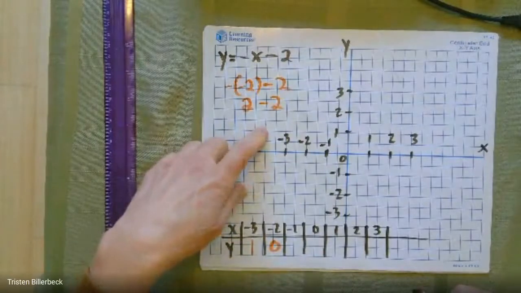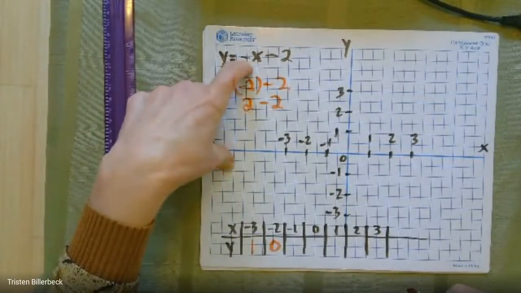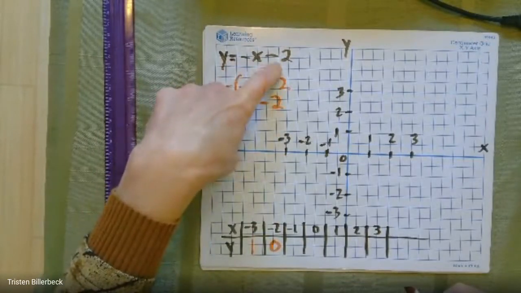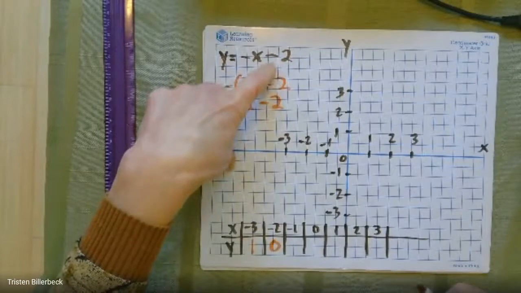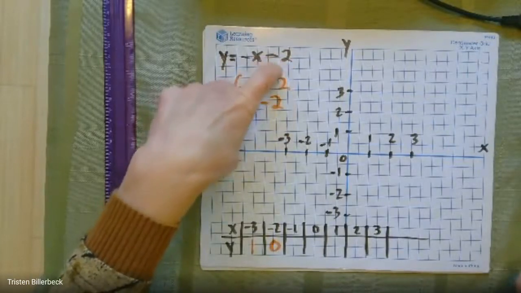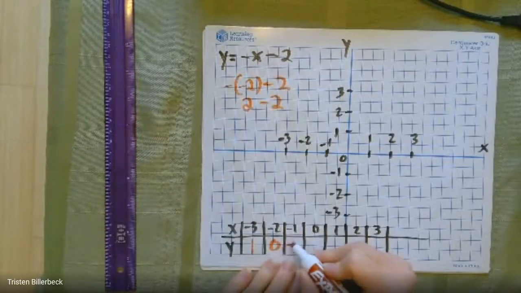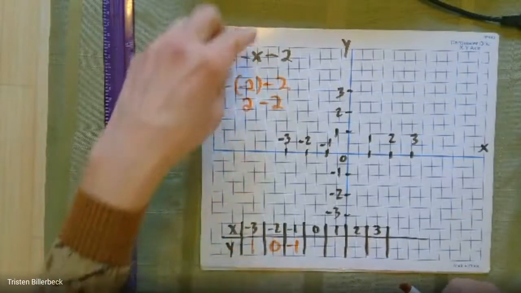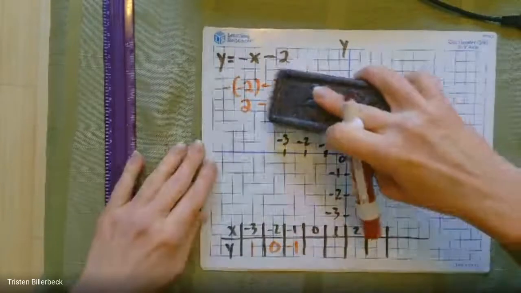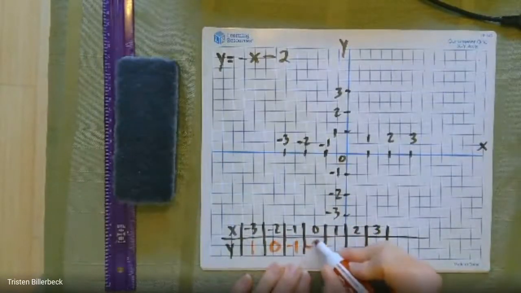Then we have negative 1, which is positive 1. 1 minus 2, those have different signs, so we take the difference and keep the sign of the bigger number. So that's 2 minus 1, which is 1, and the 2 is negative, so that's negative 1. Then 0 minus 2 gives us negative 2.